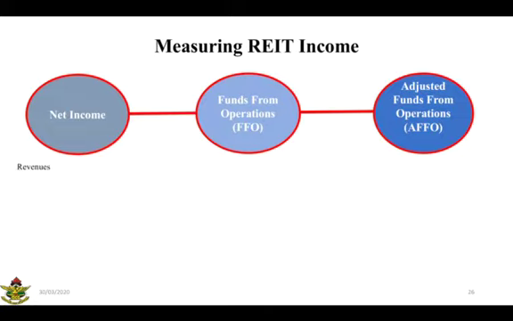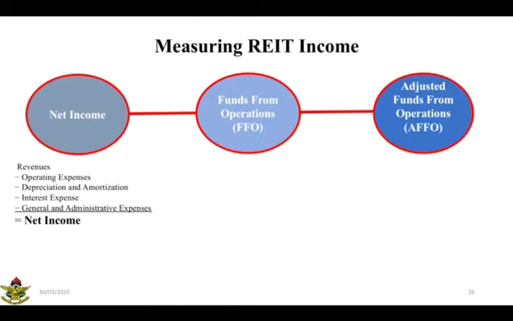For any company, net income is defined using generally accepted accounting principles as revenues minus operating expenses, depreciation and amortization, interest expense, and general and administrative expenses.